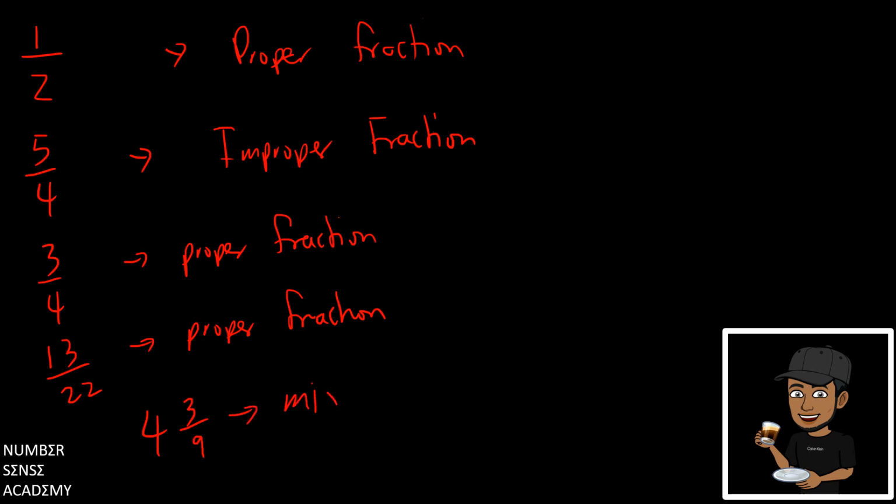This is a mixed fraction because we look at it, we got a whole number and a proper fraction sitting right beside it. Okay, so that was just a quick exercise to identify the different types of fractions. So, whenever you see these fractions in your textbook or on a piece of paper or on a notice you get from your bank, if they use fractions, then you should be able to tell what's happening there.